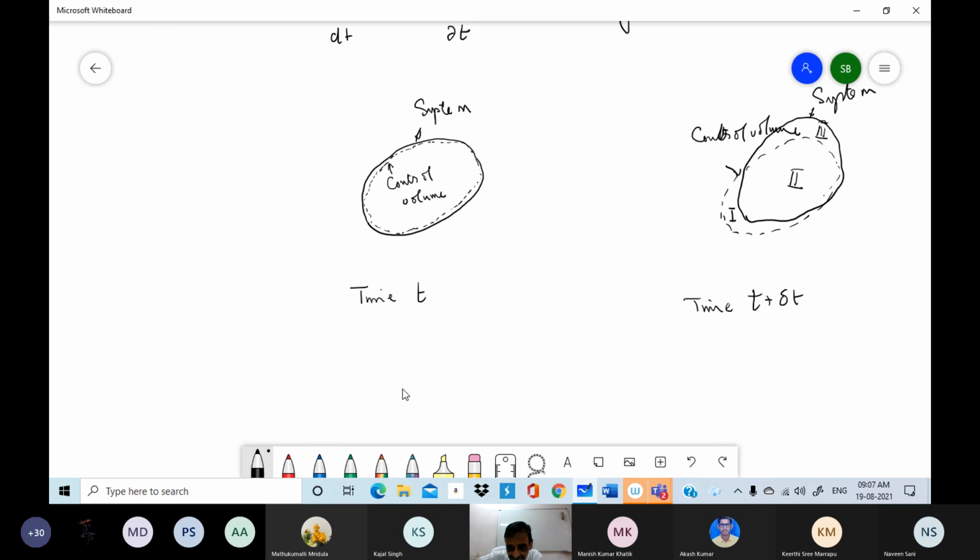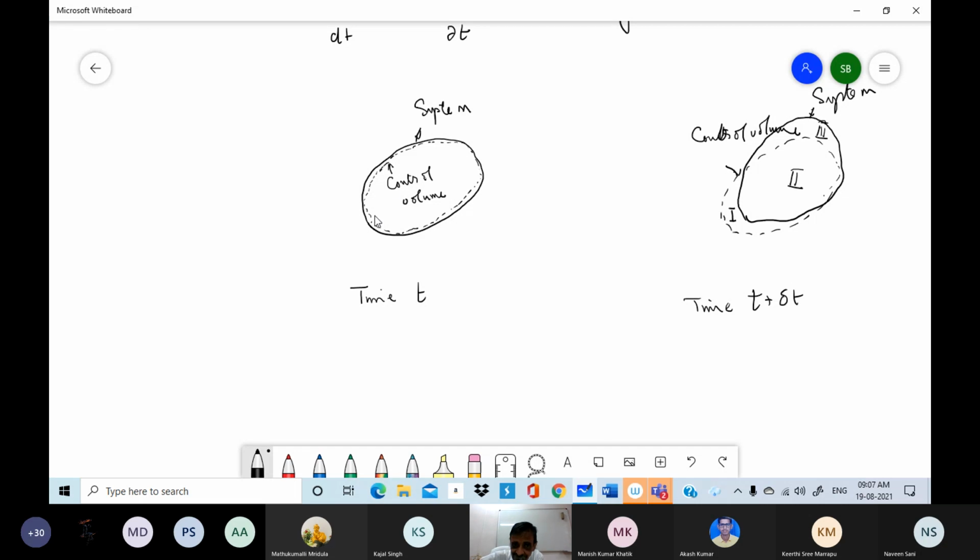Now I let an interval of time elapse, an interval which is delta t. So in that time delta t, the control volume, I said for simplicity, we'll take the control volume to be fixed in space. So that remains where it was. Now let us say the material in the control volume has a velocity in this direction. In that case, if I follow the material, it moves with the velocity at every point.